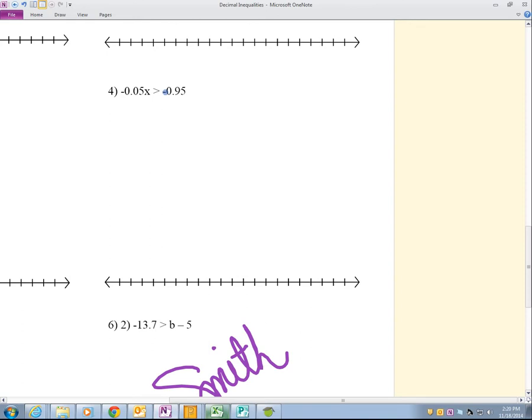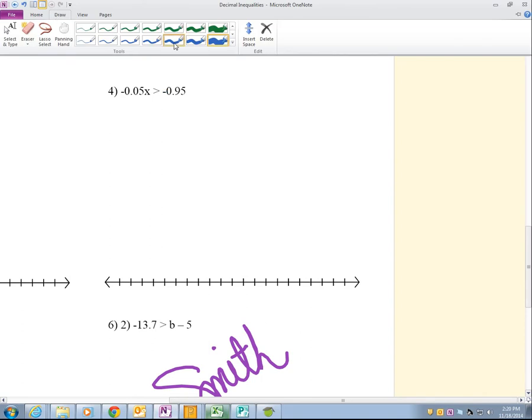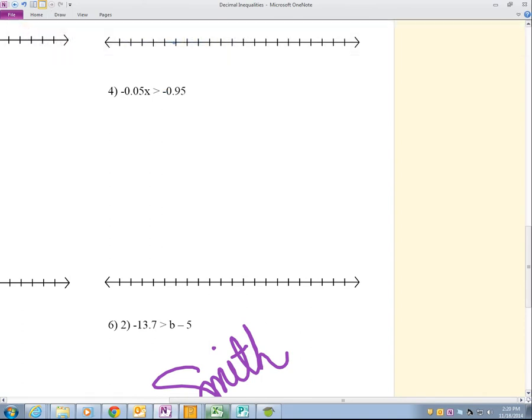Those two right next to each other, it's multiplication. What is the inverse operation of multiplication? Division.